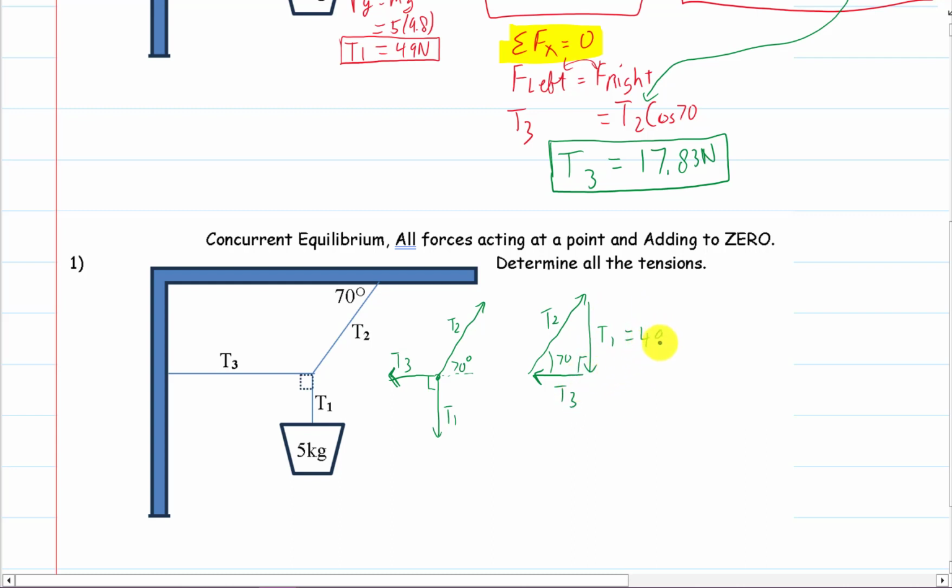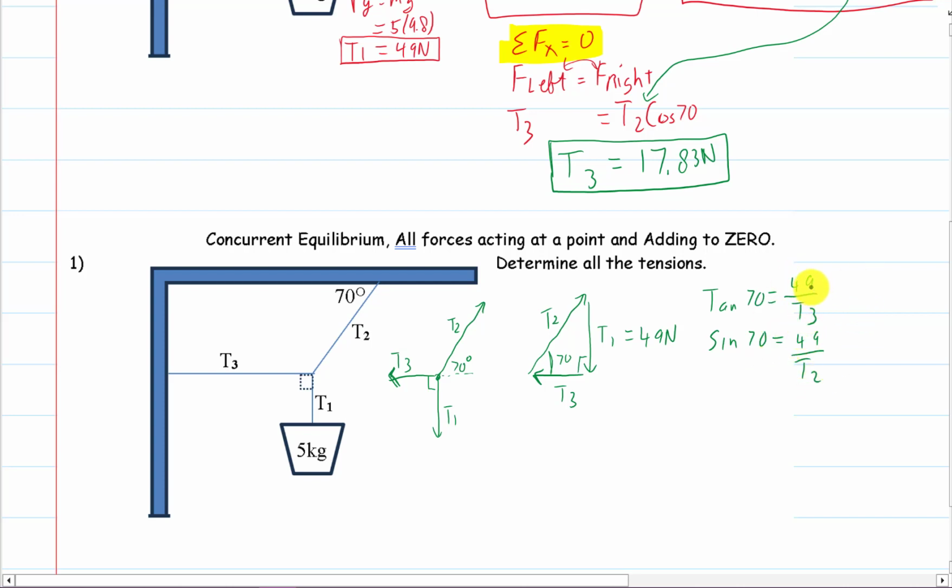T1 is 49 newtons because it's just mg. Therefore, we use the tan to get T3. The tan of 70 is equal to 49 over T3. For T2, we have the opposite and the hypotenuse, so we use the sine. The sine of 70 is going to equal 49 over T2.